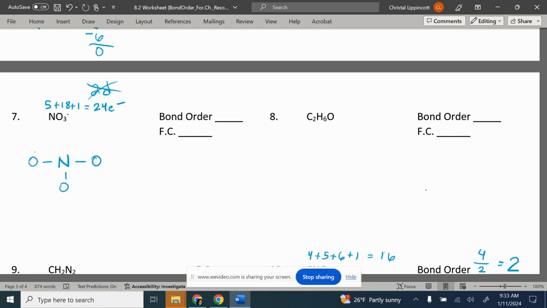So this is 6, 8, 10, 12, 14, 16, 18, 20, 22.